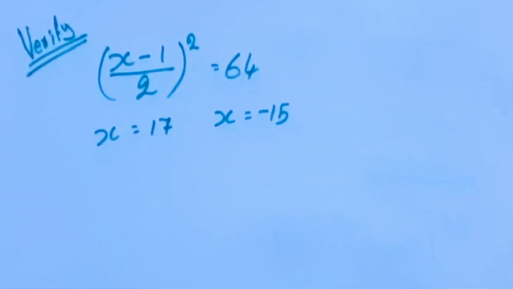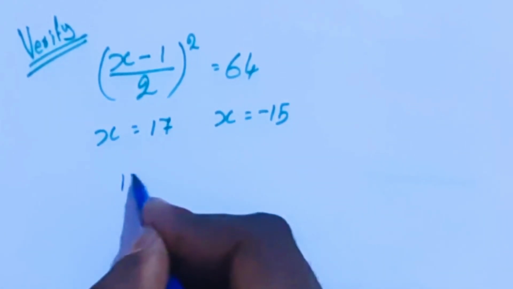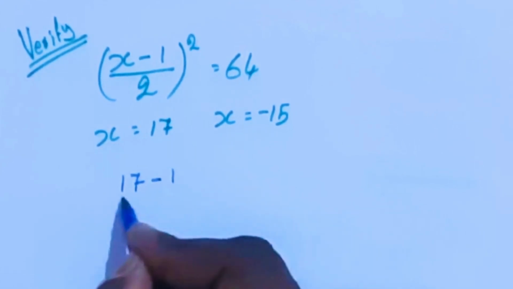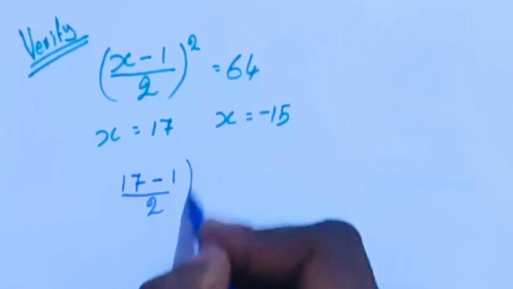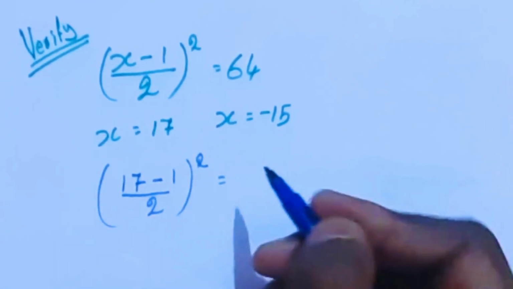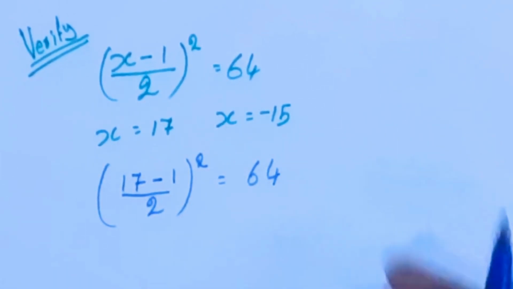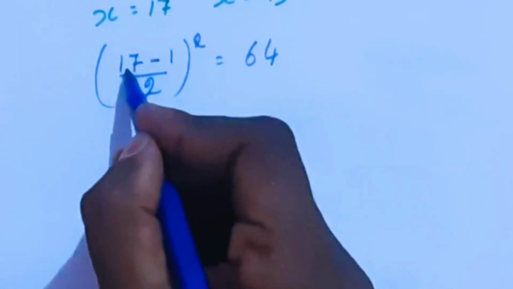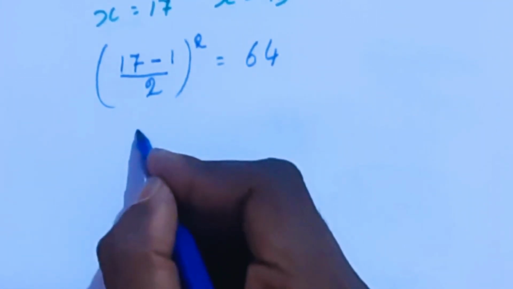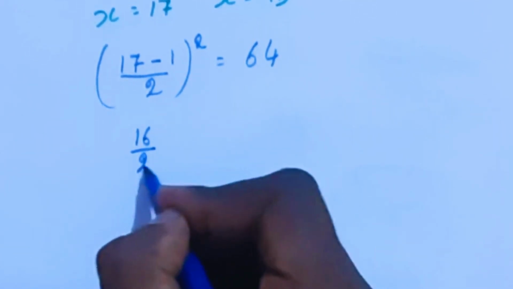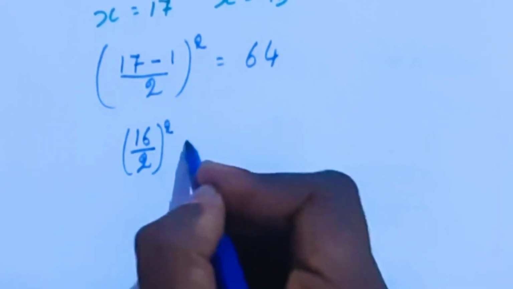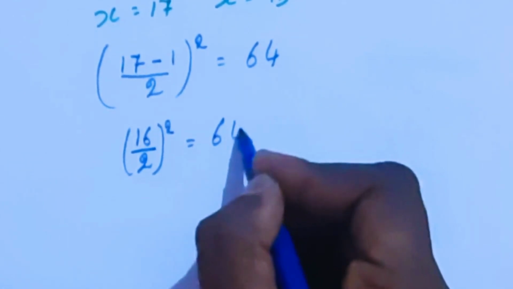This we are going to implement here. So ((17 − 1)/2)² equals 64. Now 17 minus 1 is 16, by 2, whole power 2, equal to 64.